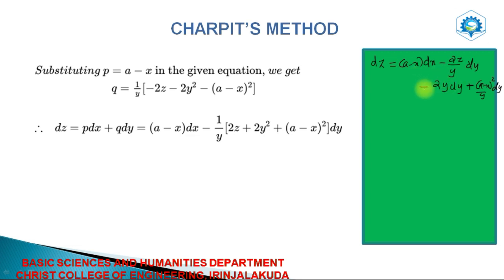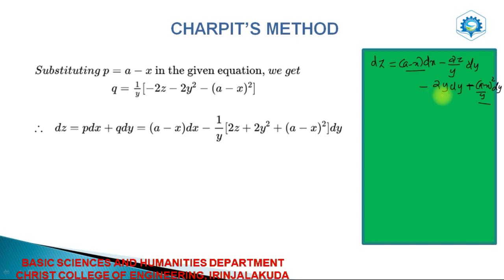How can we group these terms? Note that in the last equation we have both x and y. So we will group the terms involving a minus x together, that is, the first and last terms, and we will take the rest of the terms to the left side.